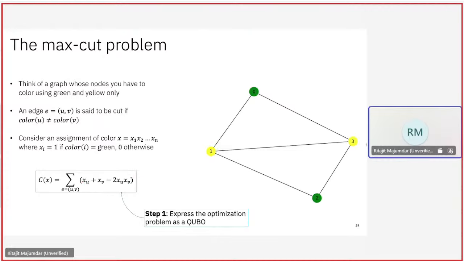What if both of them were green? This will be 1, this will be 1, the addition is 2, this product will be 1, so it will be 2 minus 2, and it will be 0. So this expression gives me a value of 1 if the edge is cut as per my assignment, and if the edge is not cut, then the value is 0.